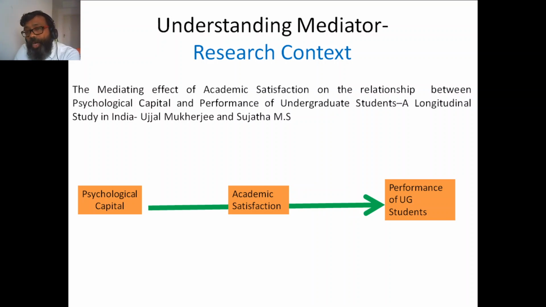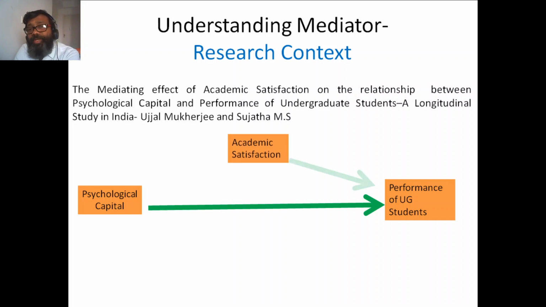But there may be two paths to this. Psychological capital can directly influence performance of undergraduate students, or there might be an alternative path, where psychological capital influences academic satisfaction and academic satisfaction in turn influences performance of undergraduate students.